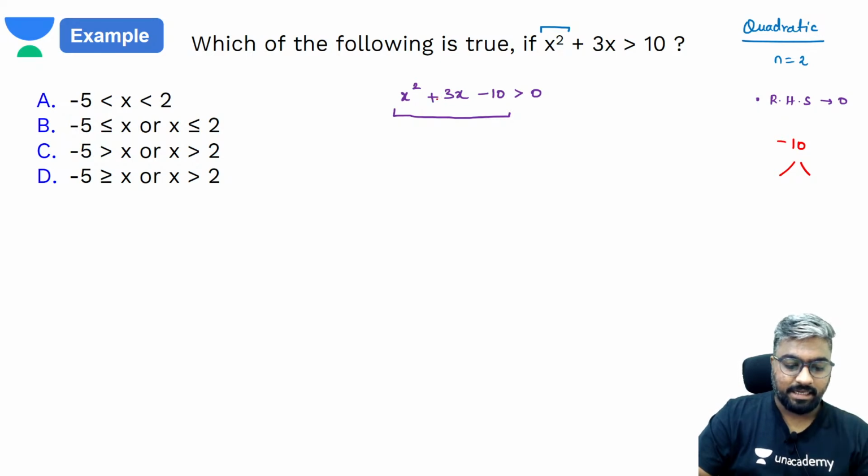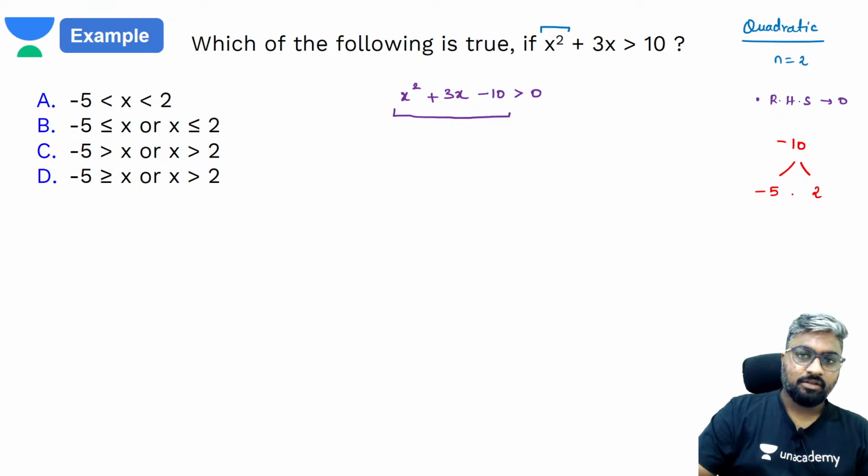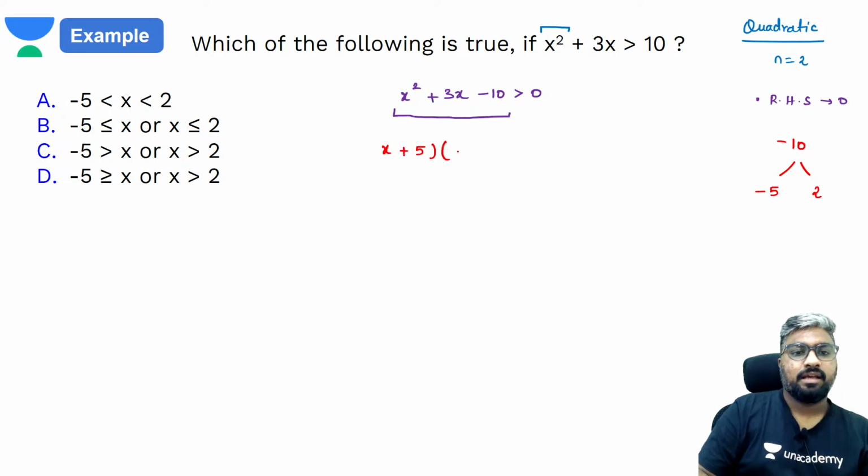क्वाड्रेटिक इक्वेशन के लिए देखो. यस, तो इफ दिस इज -3 देन व्हाट विल बी आवर केसेस? -5 and 2. करेक्ट. तो अब इसको कैसे लिखेंगे? यहां पे x minus of -5, that is x plus 5 into x minus 2 is greater than 0.